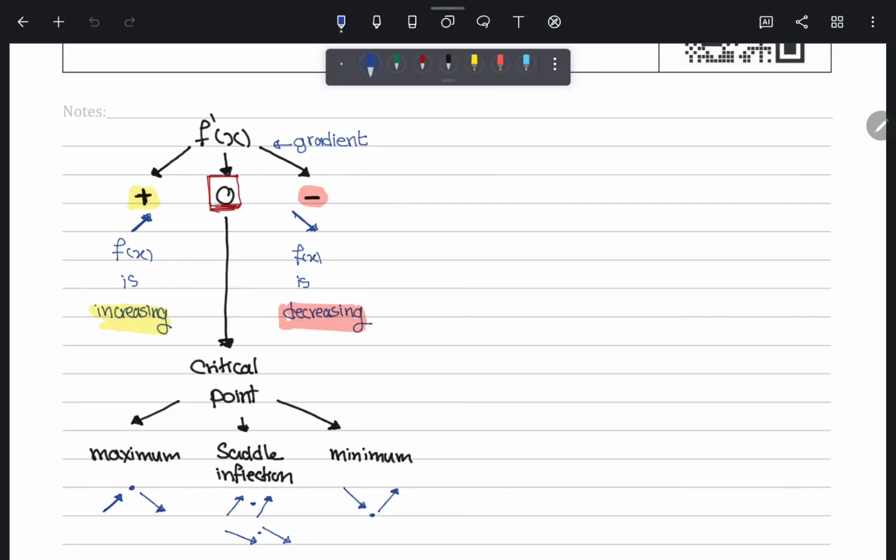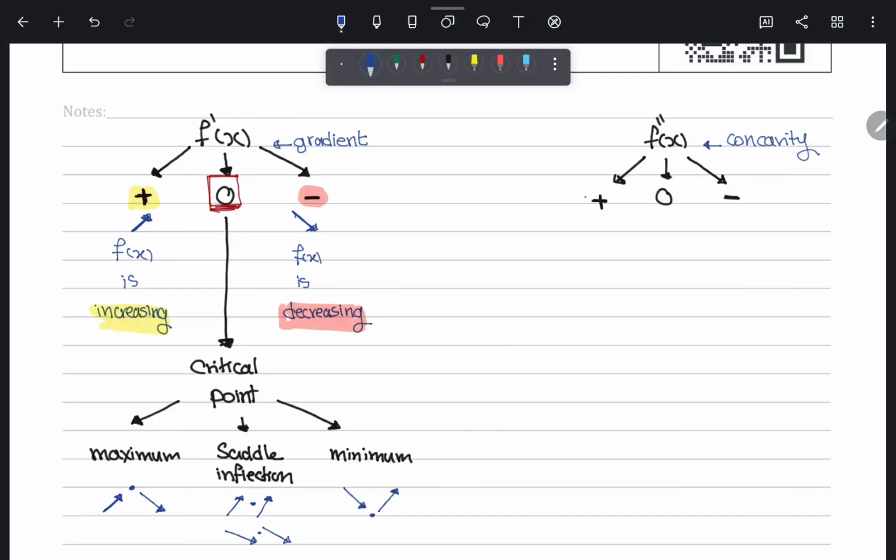Now the second row in the table talks about the second derivative. The second derivative always describes something called concavity, which is up or down. The same here, it can be either positive or negative or zero.